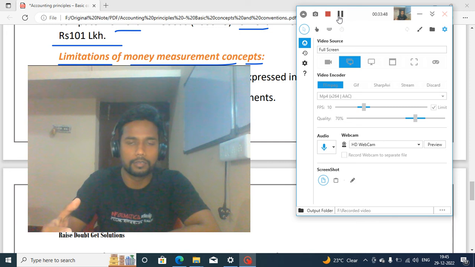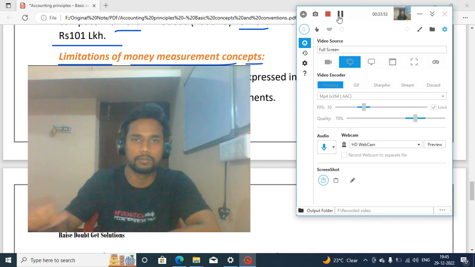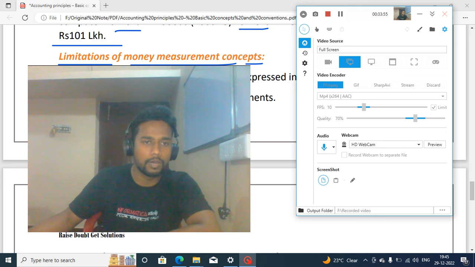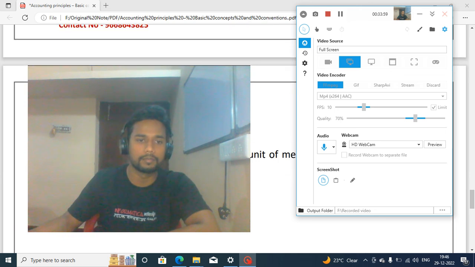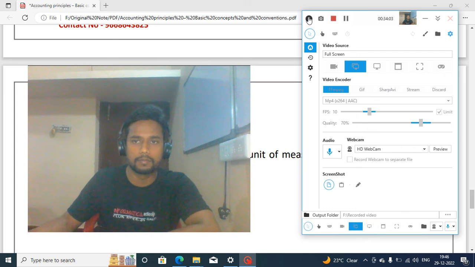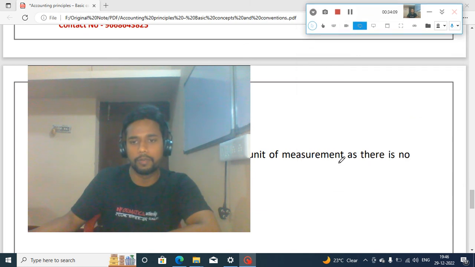So these two are the main drawbacks. Another point is that in spite of the above limitations, money is used as the unit of measurement as there is no other generally acceptable unit.